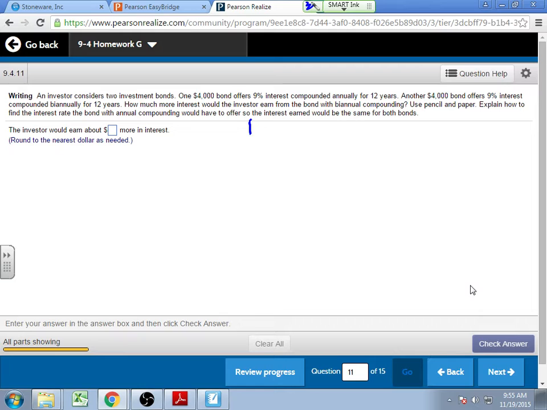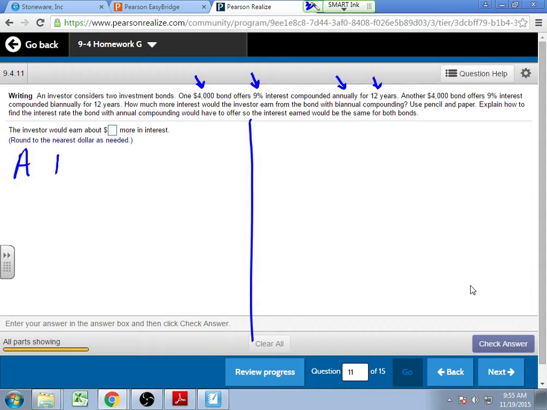So let's separate these out. Look at bank A, bank B. I'm going to say A, B. So let's use blue for the $4,000, 9% interest, compounded annually, 12 years.